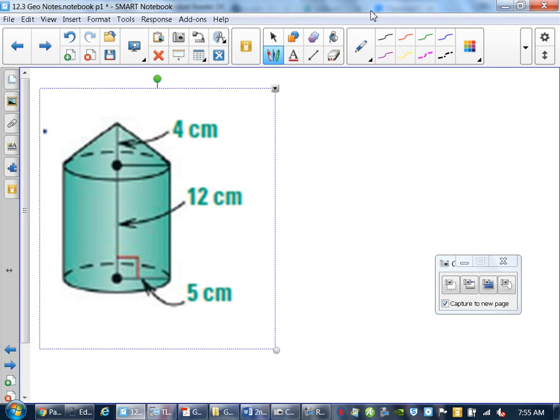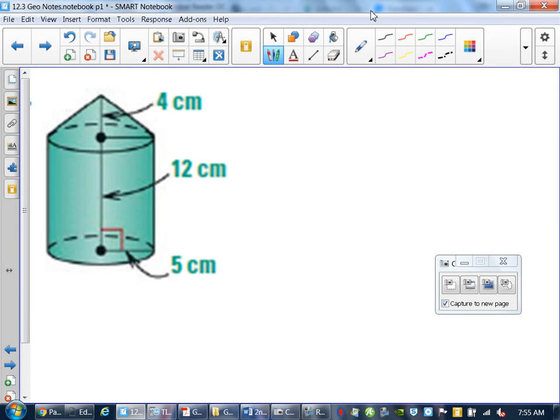Now, here's what I mean. In this case, I have the surface area of a cone plus the surface area of a cylinder. That's fine and dandy if they were standing next to each other. The minute they get placed on top of one another, something gets overcounted. Two bases, right? Now, in this case, there'd be two bases that get overcounted. The bases that get overcounted when I'm dealing with cylinders and cones are what?